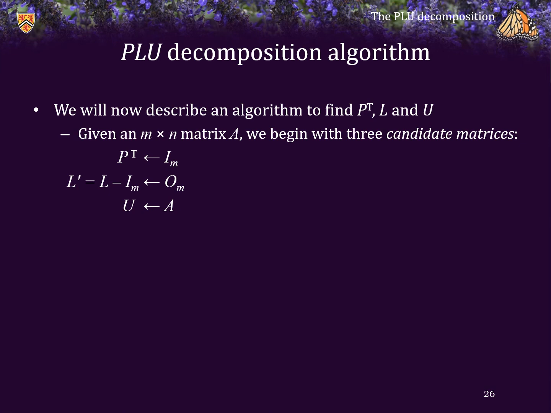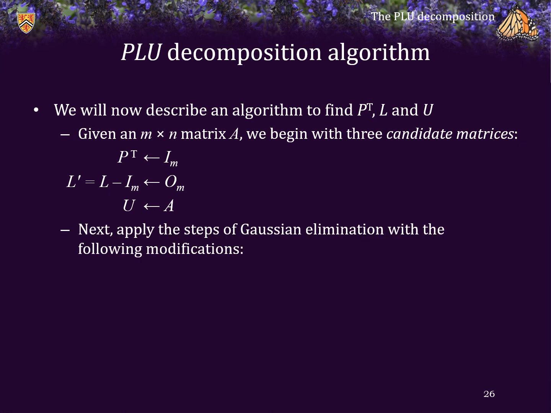The initial candidate for the upper triangular matrix will be the matrix A. Next, we apply the steps of Gaussian elimination as we learned them with just a few modifications.